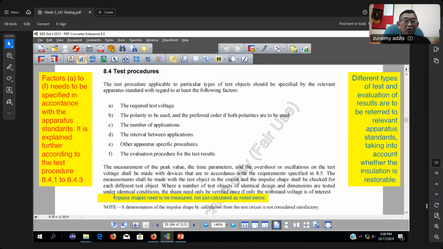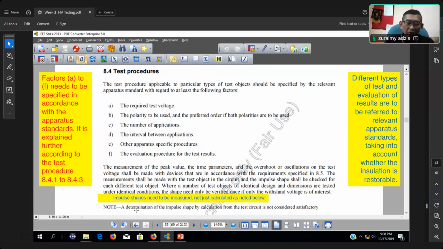Now look at the last yellow box. Impulse shapes need to be measured, not just calculated, as noted here. Meaning if you want to prove you are producing those types of impulses, it is not from calculating your resistors or capacitors in the impulse generation system and saying, yes, that's the waveform.